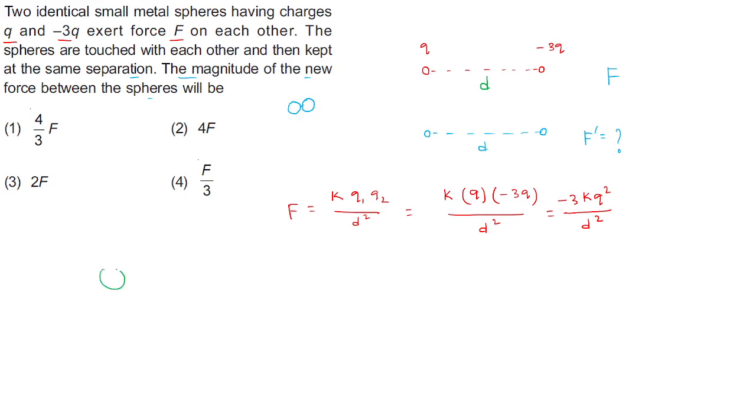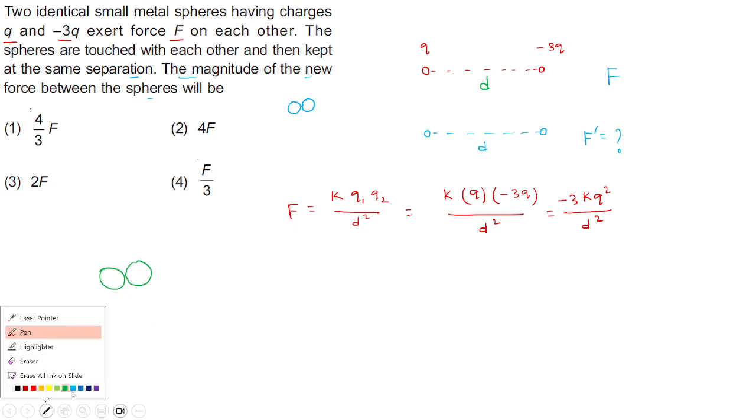Now, when we touch the two identical metal spheres, what will happen? Redistribution of charge will take place. Firstly, here was q charge, and in this sphere there was minus 3q charge. As they are touched, redistribution of charge will take place in such a way that the charge on each sphere will be equal.